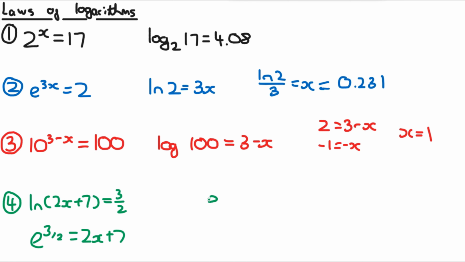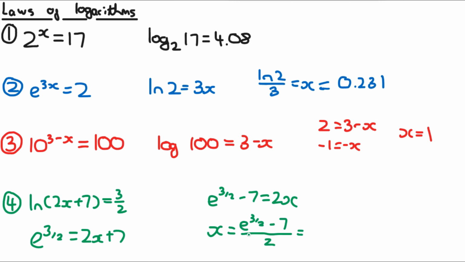Minus 7 from both sides to get e to the power of 3 over 2 minus 7 is equal to 2x, so therefore x is equal to (e to the power of 3 over 2 minus 7) over 2. And again, they'll usually like you to leave it in the e to the power of something form, but if they want it as a decimal, it is equal to minus 1.259.